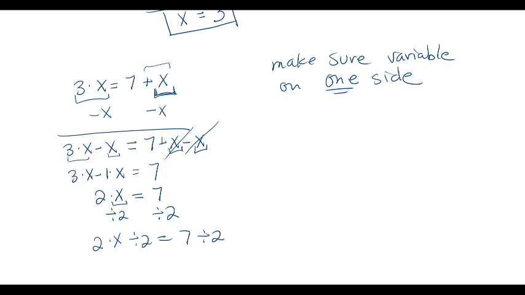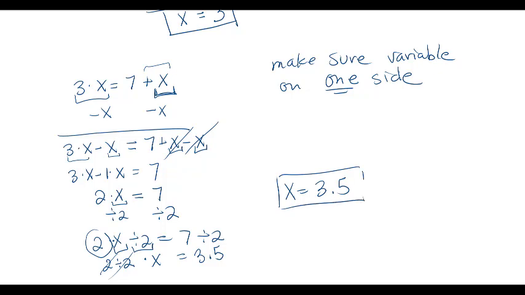Now again, because we're multiplying 2 times x, and then we're dividing by 2, and these are inverse operations, we can change the order so that we get 2 divided by 2 times x equals, and 7 divided by 2 is 3.5, and you can check that on your own, but the 2 divided by 2 cancels because a number divided by itself is just 1, and we get x equals 3.5. And again, if you insert this into our original equation, you will see that it is correct.